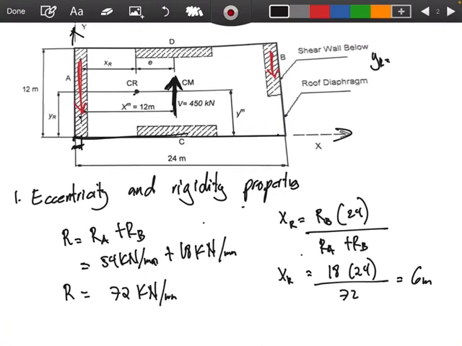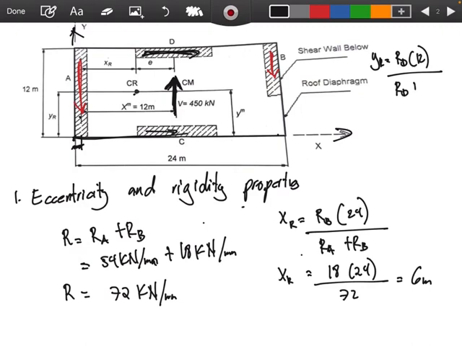Y sub R, location niya mula dun sa y-axis naman. So, yung rigidity naman na involved ay etong paganito, di ba? Kasi we are on the y direction. So, eto naman, so si D, that is, kasi siya yung malayo, RD times 12. Because we are looking for the center of rigidity, kaya lahat ng walls, i-consider natin.